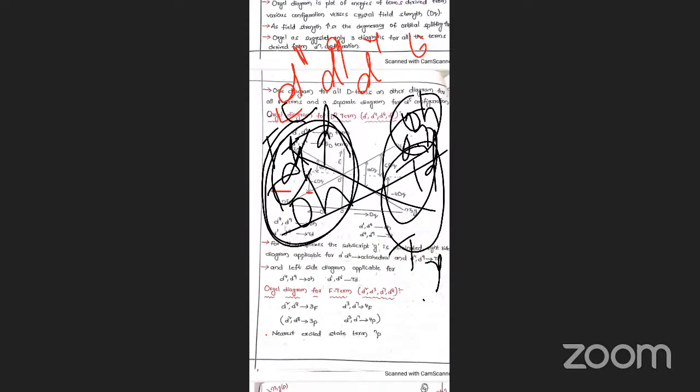Like that, the Orgel diagram for F term is also there. You can observe here the D term once again, simple, no confusions. In the right hand side, T2G is the low energy, EG is the high energy.